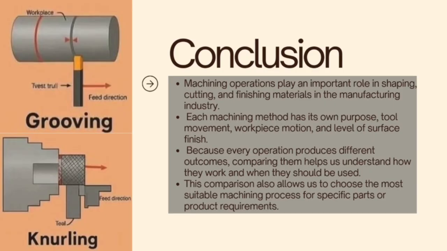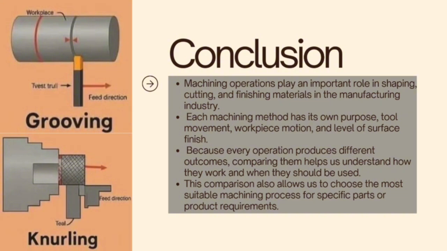Machining operations are very important in the manufacturing industry because they help us shape, cut, and finish different materials to meet specific product needs. Each machining method has its own unique purpose, tool movement, workpiece motion, and the type of surface finish it can produce. These differences mean that every process is suitable for different kinds of tasks.